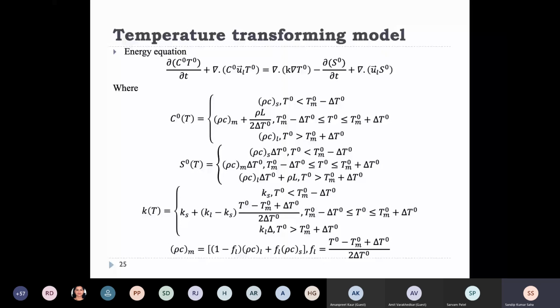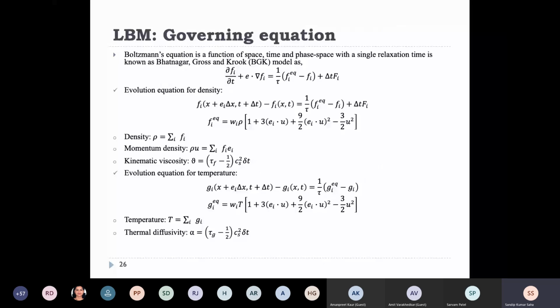Now, next I will just introduce the LBM model, which is used nowadays. The generalized form of the Boltzmann equation is written in this form on the top side, and here you have to find the distribution function for density and temperature. This is for a generalized problem where there is no phase change.